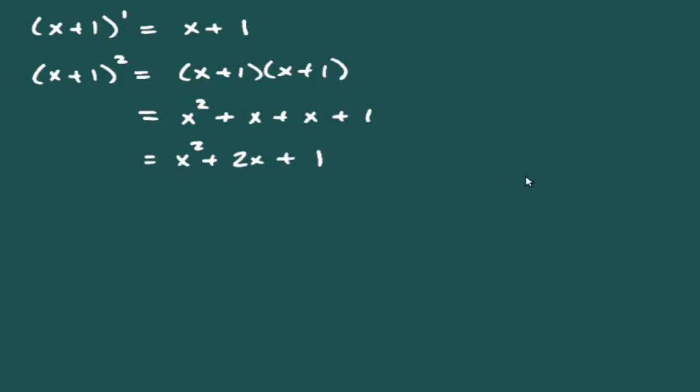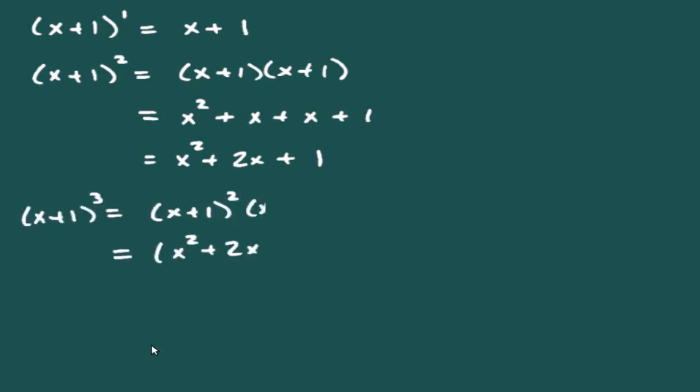If we raise x plus 1 to the third power, well, we can use the work that we've already done and see that x plus 1 to the third power is x plus 1 squared times the quantity x plus 1. Well, we already know what x plus 1 squared is. It's x squared plus 2x plus 1. And so we're multiplying that by x plus 1.